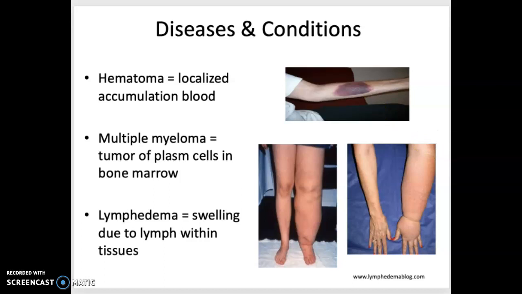Hemophilia is a genetic disorder that causes impaired blood clotting. So basically, the individual is lacking clotting factors to allow for blood clotting. So they will bleed profusely with even just a small injury. Sepsis is a blood infection due to the presence of bacteria or toxins in the blood.